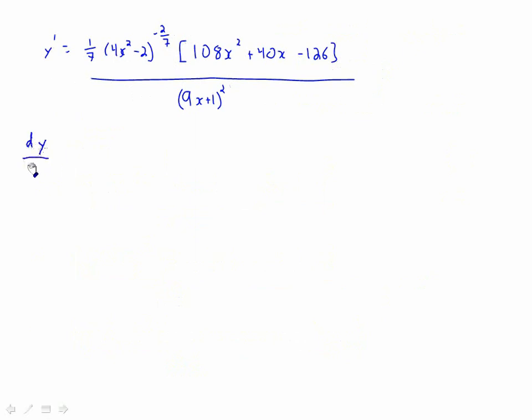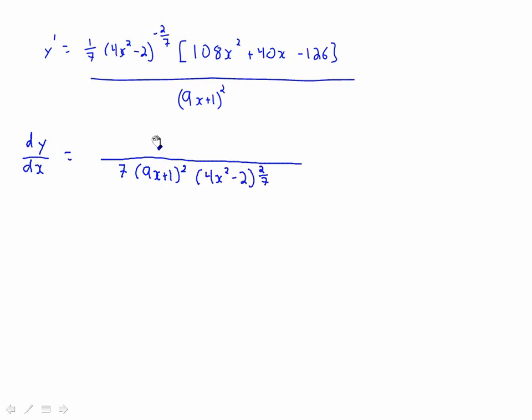dy dx. I'm going to take that 7 to the bottom, and then I've also got 9x plus 1 to the 2. That 4x squared minus 2 can come to the bottom. 4x squared minus 2 to the positive 2 over 7.